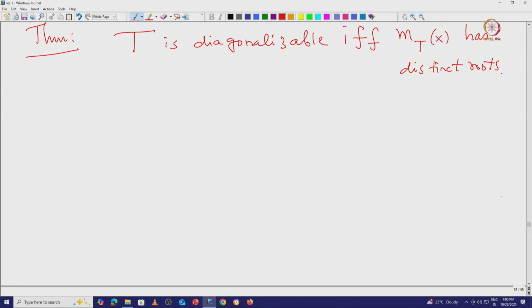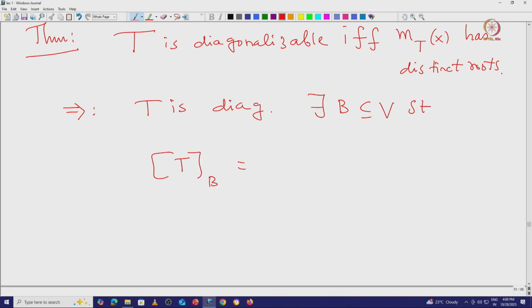One way is obvious. If you assume T is diagonalizable, then there exists a basis B of V such that with respect to that basis you have a diagonal matrix. Let us call the entries mu 1 etc.